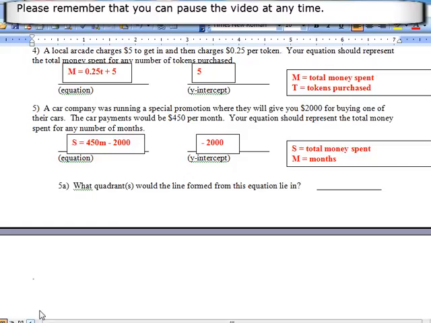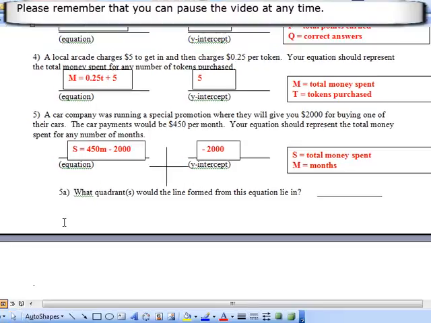And if that confuses you or you don't trust that, if you put 0 in for M, 450 times 0 is 0. 0 minus 2,000 is negative 2,000. So this line would cross the y-axis, would start at the y-axis at negative 2,000.